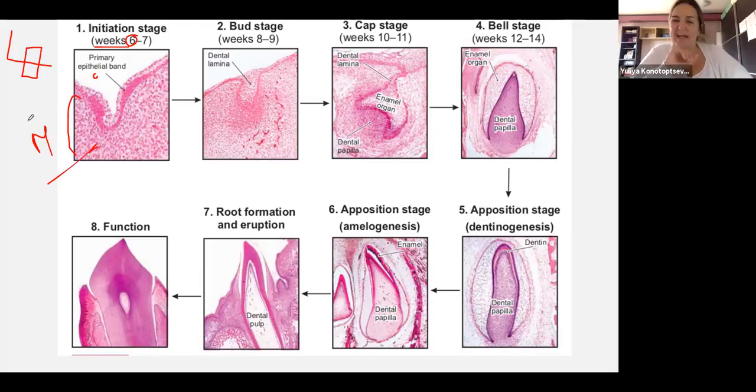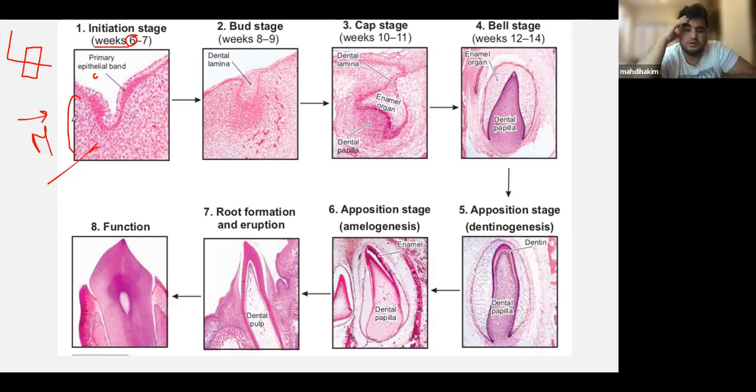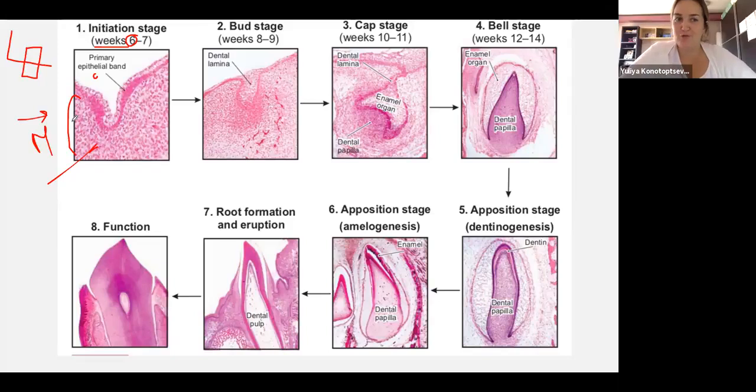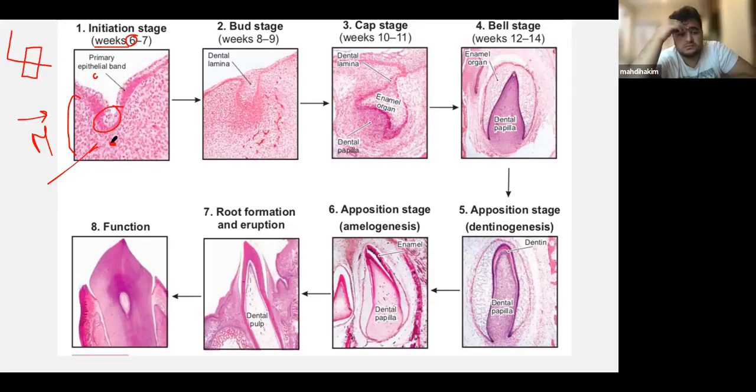But you can kind of see already, is this the future mandible or the future maxilla? And how do you know? Mandible, because it's going down. Very good. So this is the future tooth. And this tooth will be here eventually. But which way will it erupt?